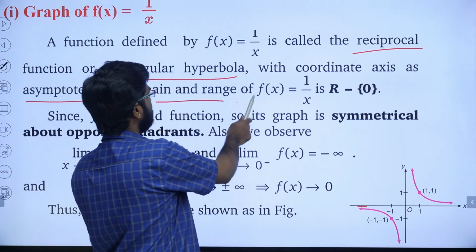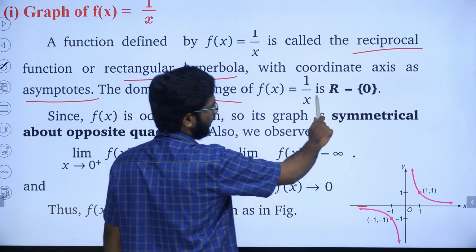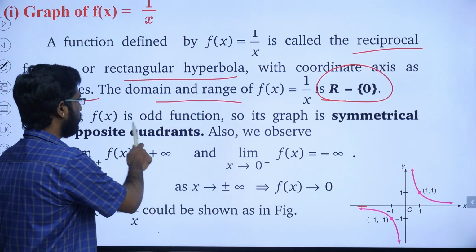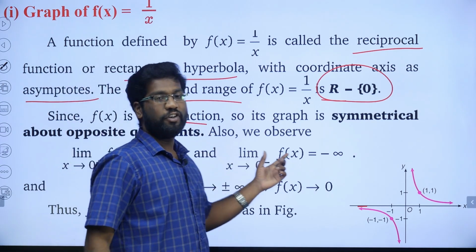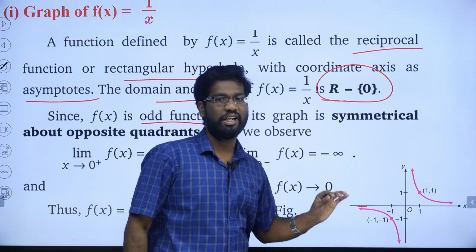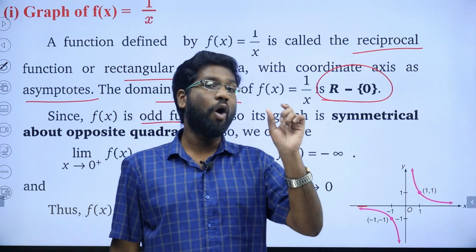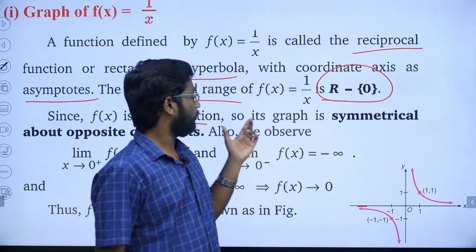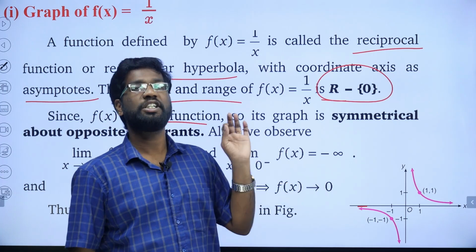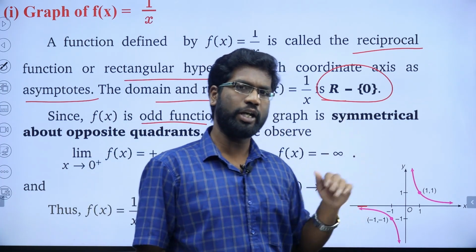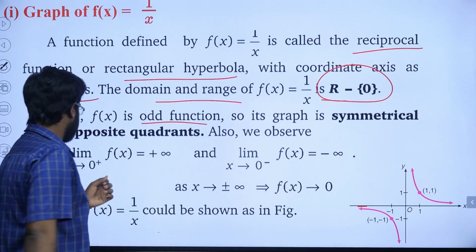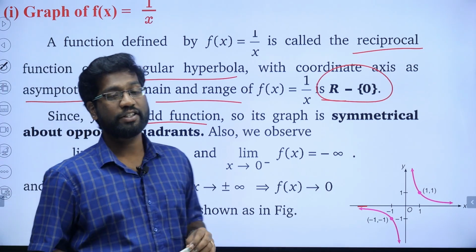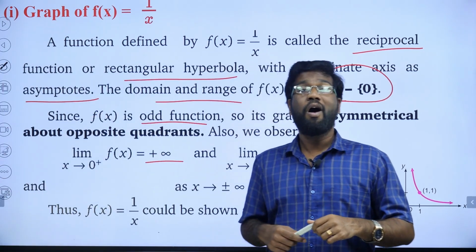And here domain and range, they both are R minus 0 only. Okay, my dear students, and I also explained how it is an odd function. Since it is an odd function, it is symmetrical about opposite quadrants. So wherever they are giving an odd function, sometimes in properties they might ask you, my dear students, if the function is odd, then it is symmetrical about opposite quadrants. Also, we observe limit x tends to 0 plus. This is what I have explained to you, my dear students, approaching 0 or tends to 0.